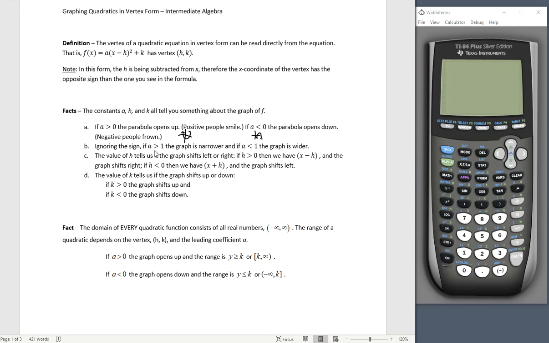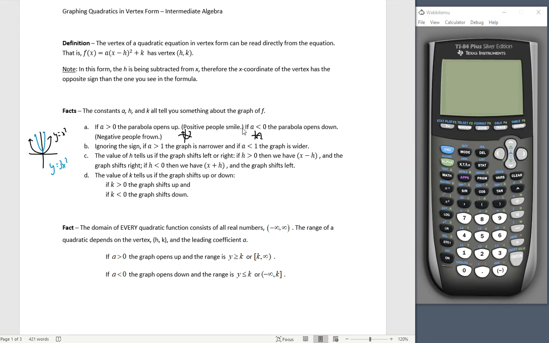So now if we ignore the sign, we've already taken care of the sign and opening up or down. If a is bigger than 1, the graph is narrower. So it's like we take this y equals x squared graph, and if I put a number bigger than 1 in front of it, maybe 3x squared, that means my y values are getting bigger 3 times as fast. So I'm pulling on these edges and pulling it up by a factor of 3.